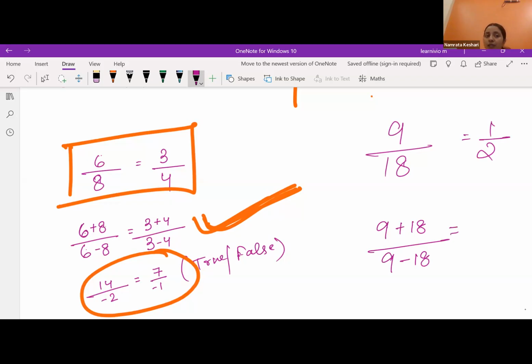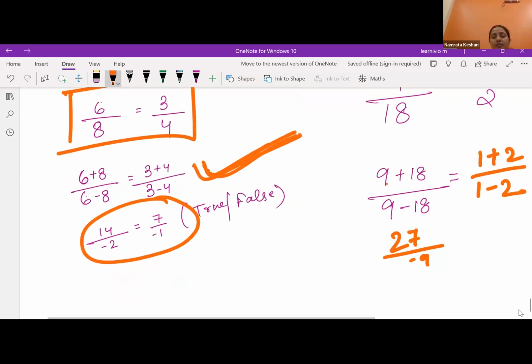If I am not doing that, then both sides will not be the same. And mathematics will reject it, that this is not allowed. So we will be doing the same thing on the other side, added and subtracted. Here we are getting 27 and there we are getting minus 9. And there we are getting 3 and there we are getting minus 1.